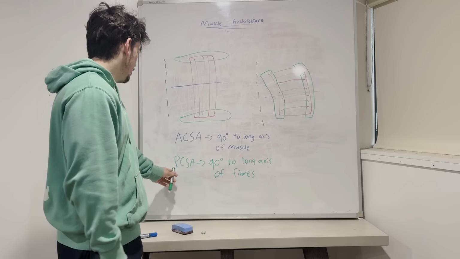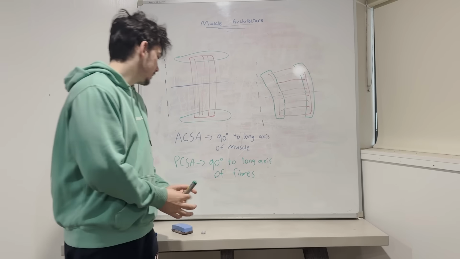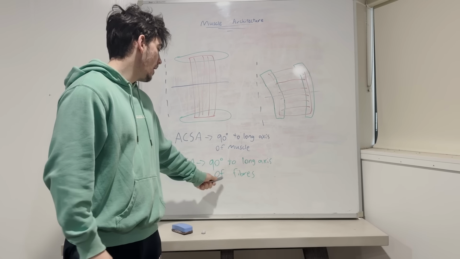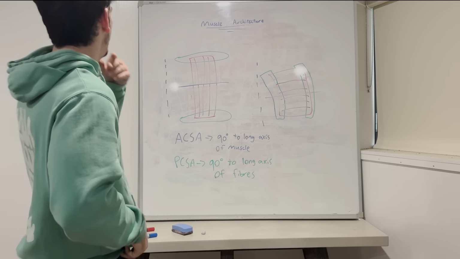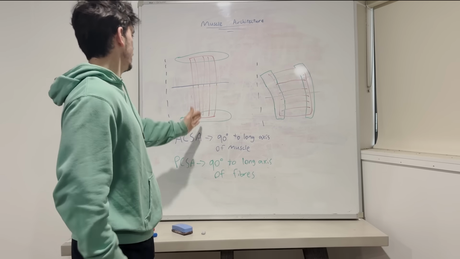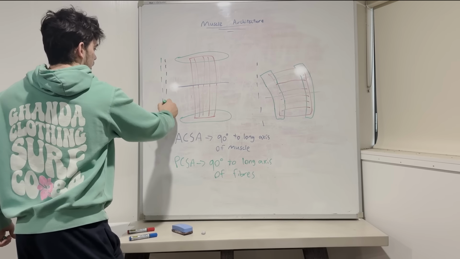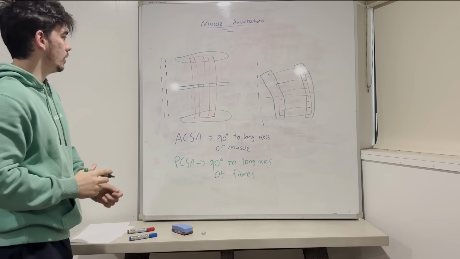Okay, now we've got the physiological cross-sectional area. This one's different in that it is 90 degrees to the long axis of the fibers. Okay, we're going to look at it and see which way those fibers are running. They're running up and down, right? So that's the long axis, which means that this one is just going to go straight through the middle, same as the anatomical.